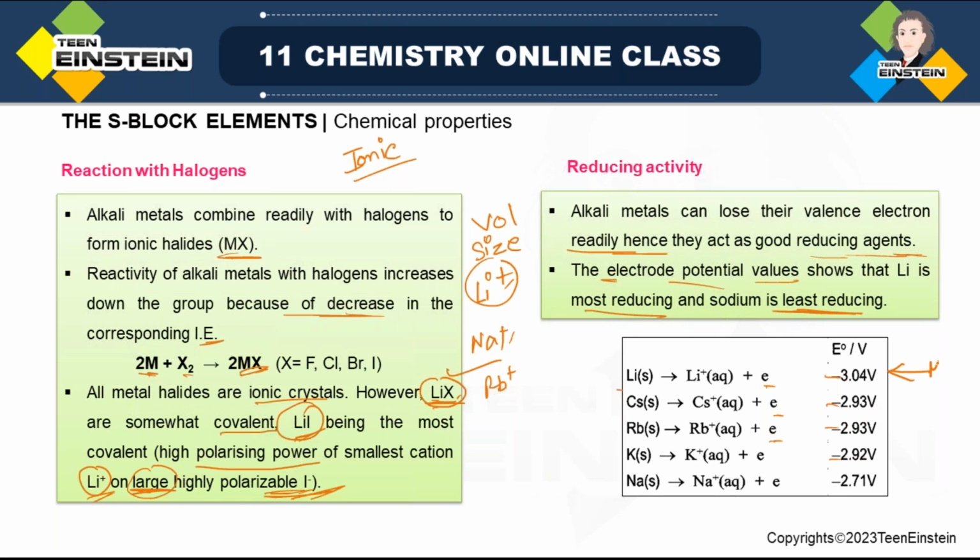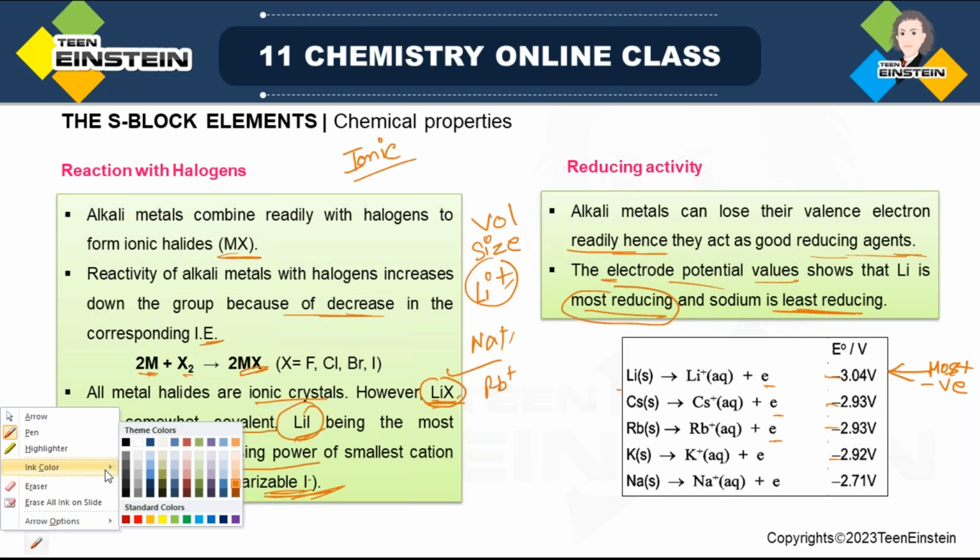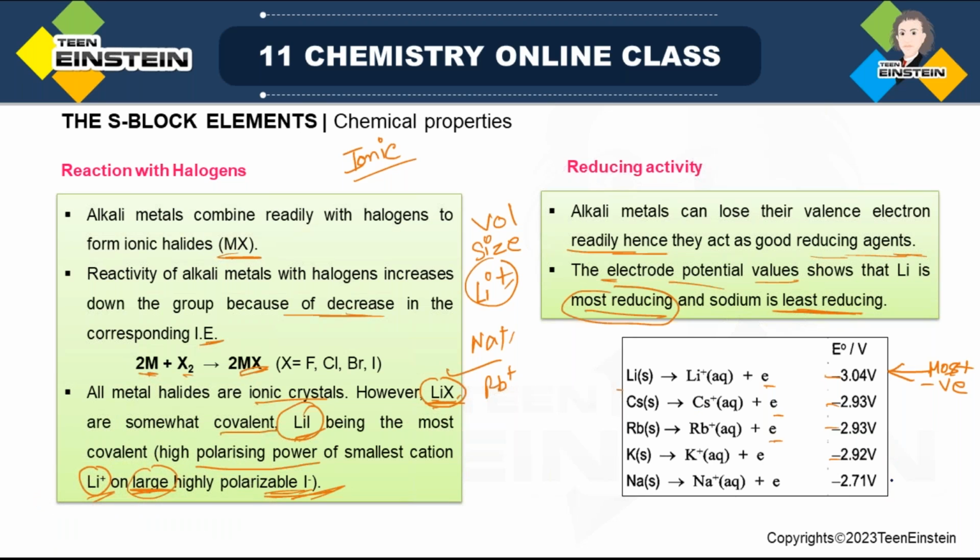See, this is most negative, so that is why it is most reducing. And which one is least negative? So that is the reason it is least reducing. Okay, so it is not gradual, there is no smooth trend. After lithium, these three are almost the same, and then the lowest is for sodium.